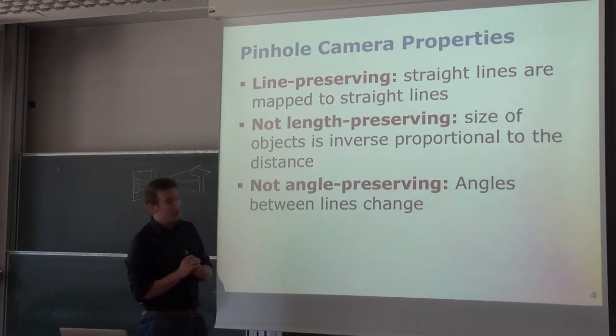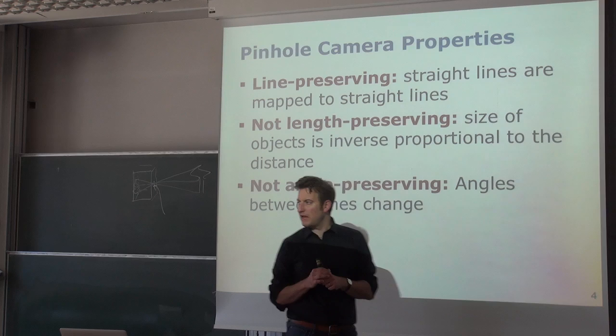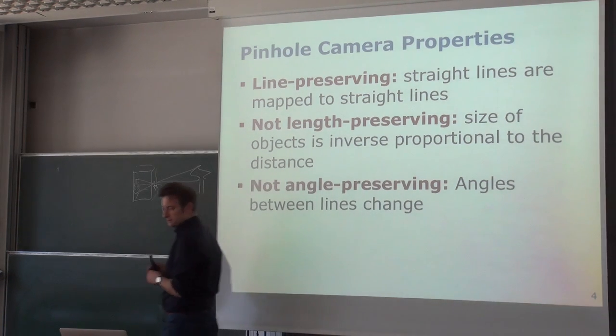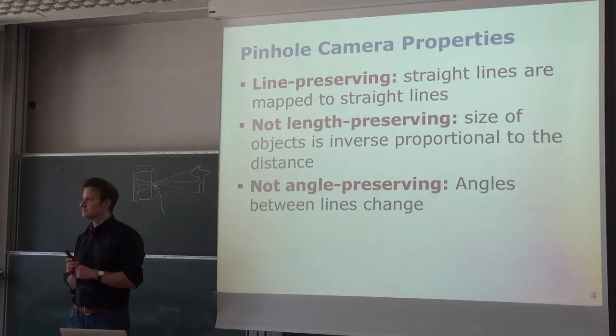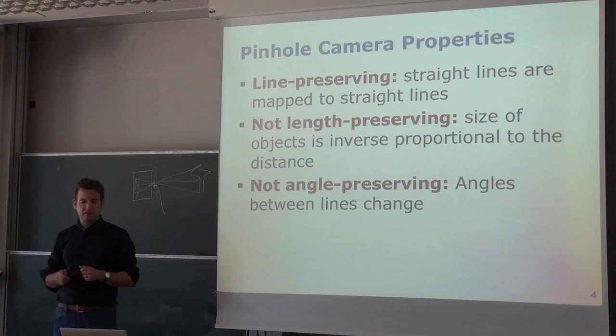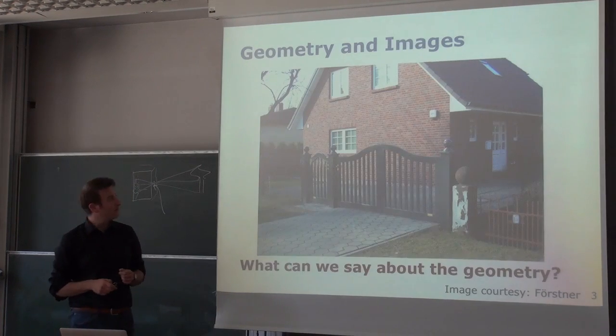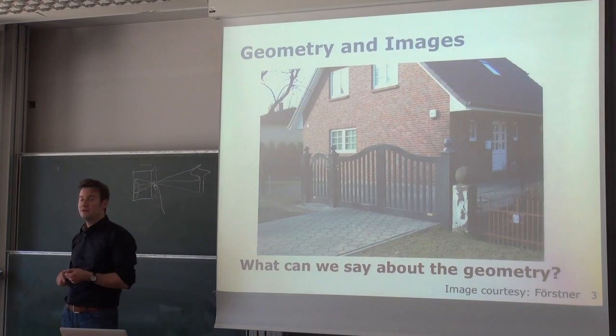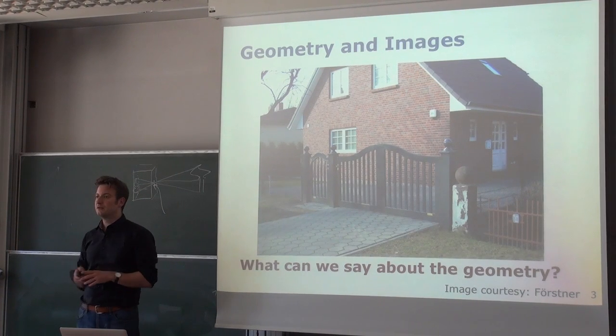So if we preserve straight lines, what happens to parallel lines? Lines which are parallel. So I have two lines. If I go back to my house and identify a few lines which are parallel, are they still parallel? It depends on the direction.